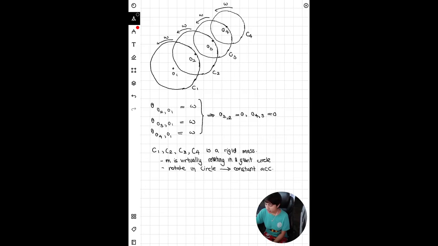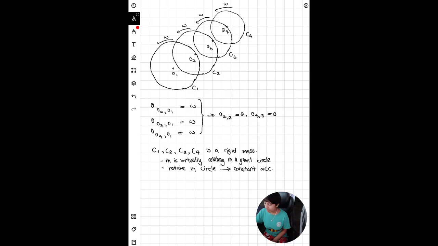This means that I'm going to be writing it as theta of O2 with respect to O1, where O2 and O1 are both representing the entire circle. Because I don't want to be writing omega of omega 2 with respect to omega 1 equals omega, that might be a little bit confusing. While I know that this isn't the typical convention, it's a little bit easier to explain my work.